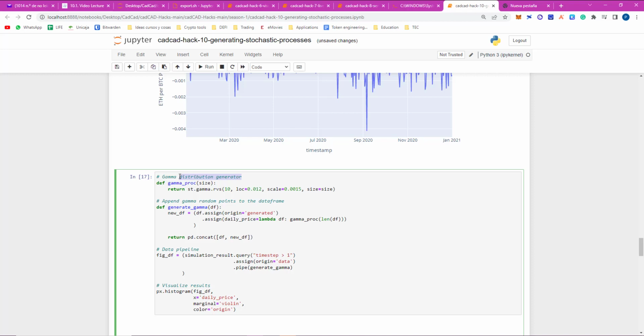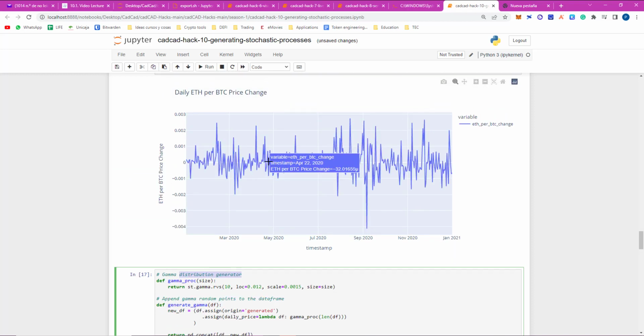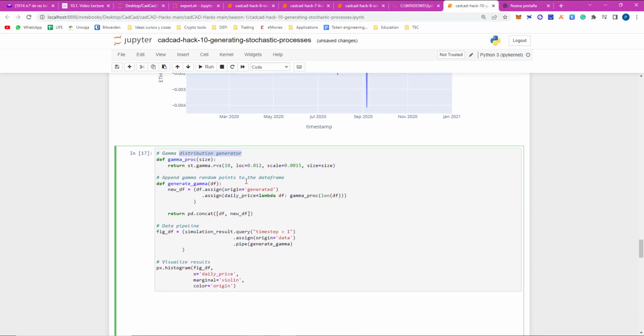Is it based on this data already, or how do they do it? So I guess they assumed that the price changes would have a distribution similar to a gamma one. And basically that function takes the parameters in order to build that distribution.